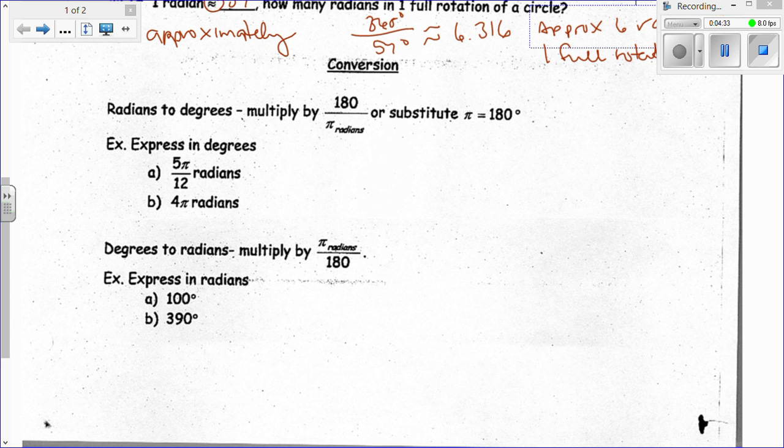If I have 5 pi over 12 radians, and I substitute in 180 for pi, I would get 5 times 180 over 12. And 12 goes into 180 15 times. So 5 times 15 is 75. So 75 degrees.